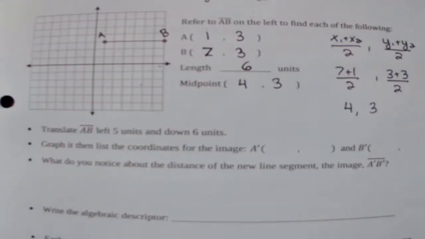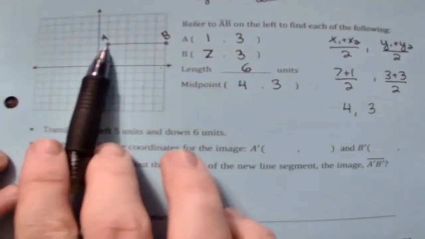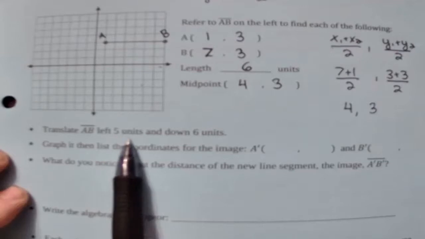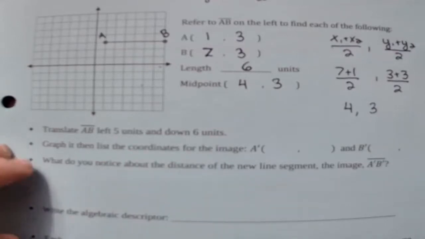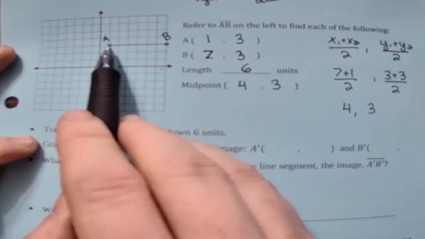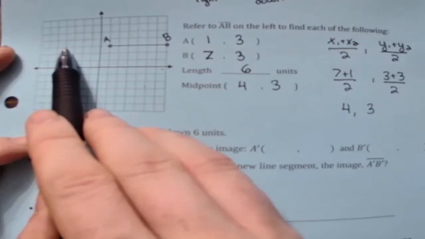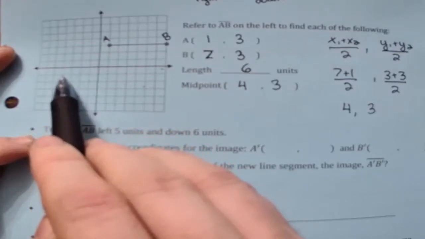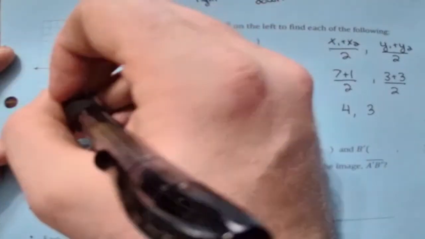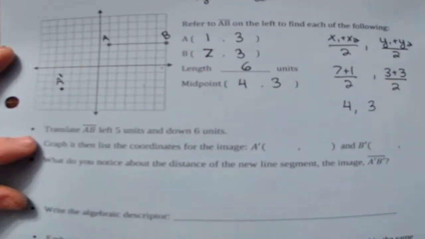So again, we're doing translation. So they want us to translate this line segment AB to left 5 units and down 6 units. So we're going to go to each of the points and we're going to do that. So they want us to go to left 5, so 1, 2, 3, 4, 5, and then down 6. 1, 2, 3, 4, 5, 6. So our new point for A, which is going to be called A prime, so this is building on what we did in the video before.